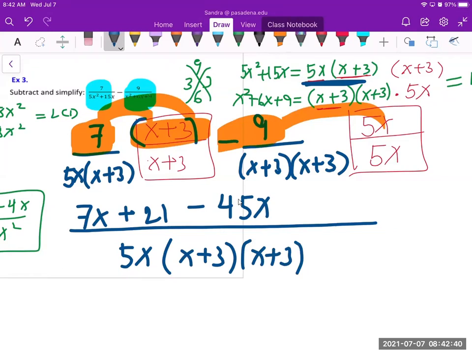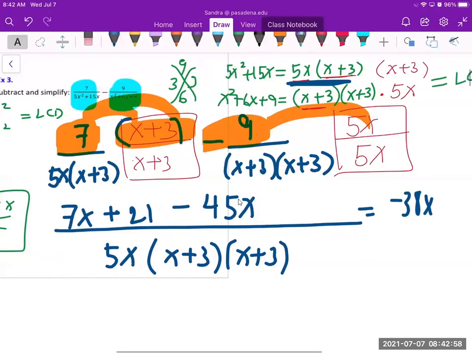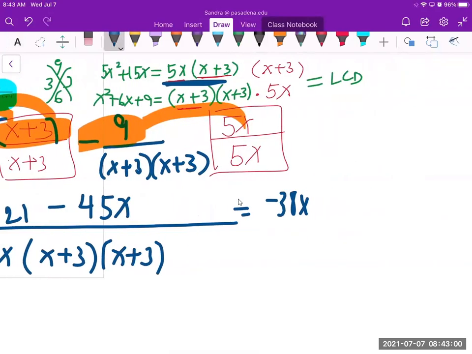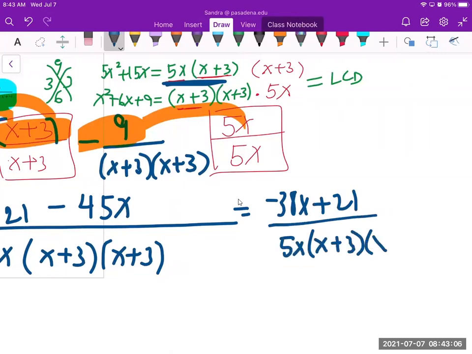So I have 7x minus 45x. That will give me a negative 38x plus 21, over the same denominator, 5x times x plus 3 times x plus 3.